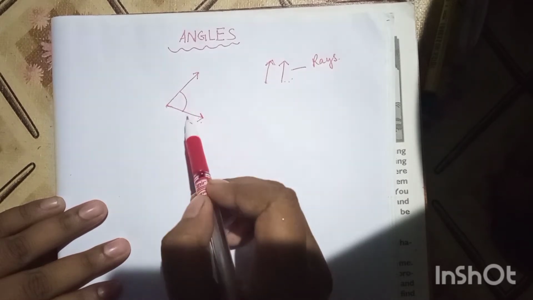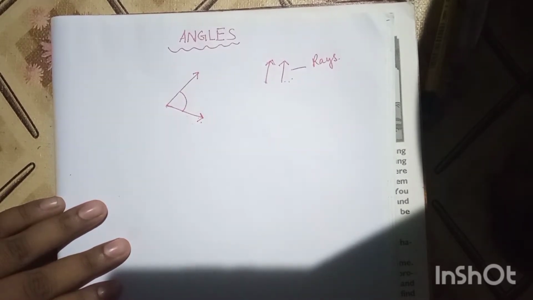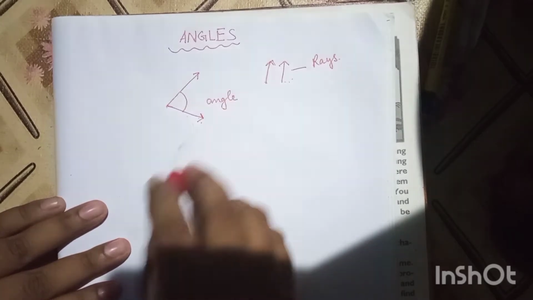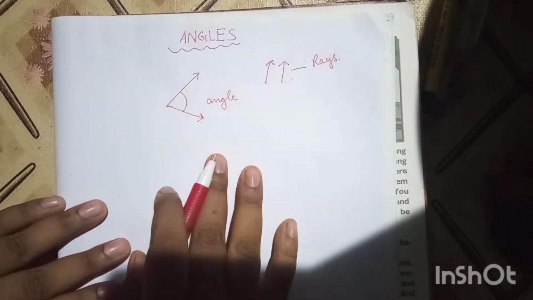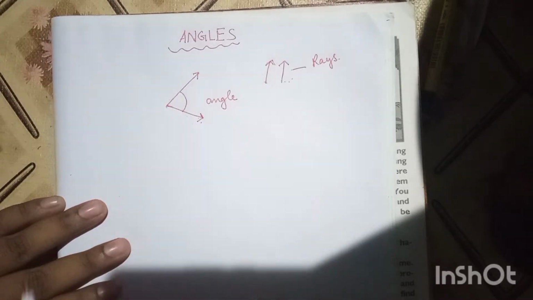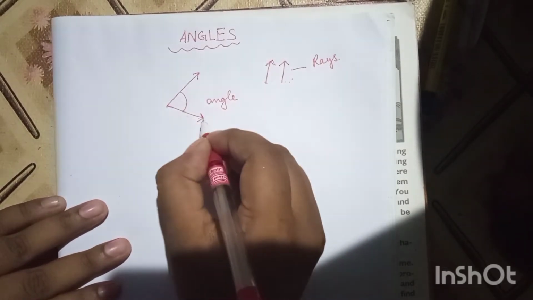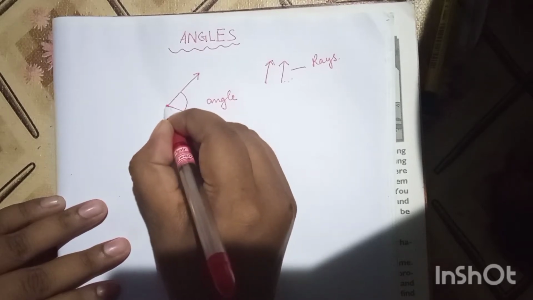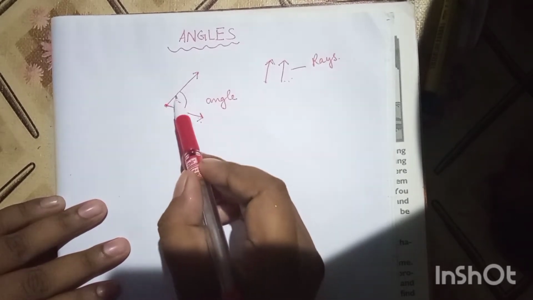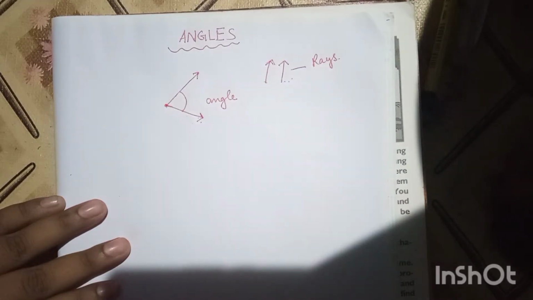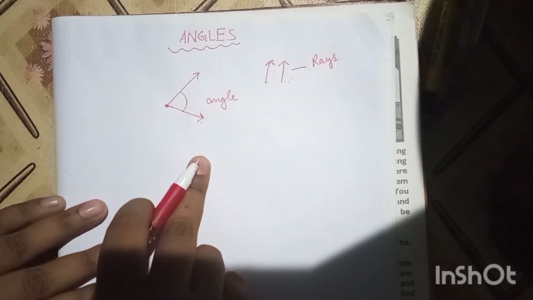And the area between two rays is called an angle. Two rays having a common endpoint. So here, this ray and this ray have a common, same endpoint. Two rays having a common endpoint form an angle.